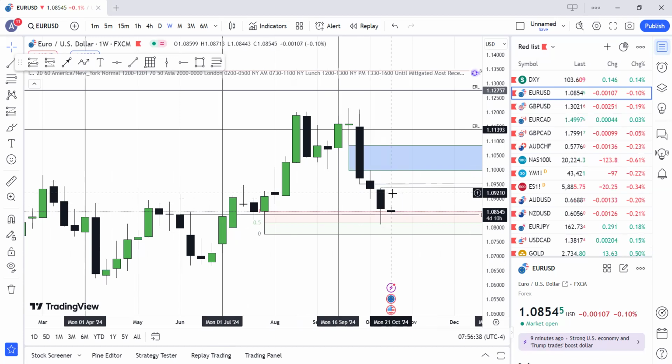Fair value gaps above price. So this is a resistance and this is a resistance. And what I mean by resistance is that it looks to push price lower rather than actually going higher. It's showing resistance towards my bias, which is a bullish bias.